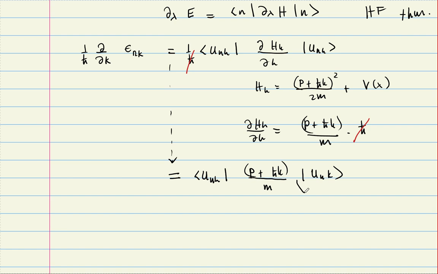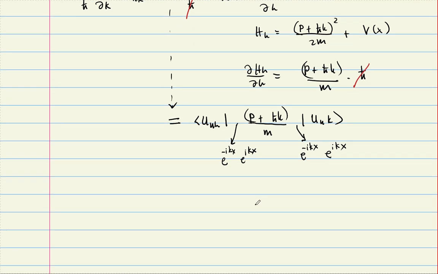So here I want to put a factor of e to the minus i kx, and here I put a factor of e to the i kx. And now I know how this p operates, right?